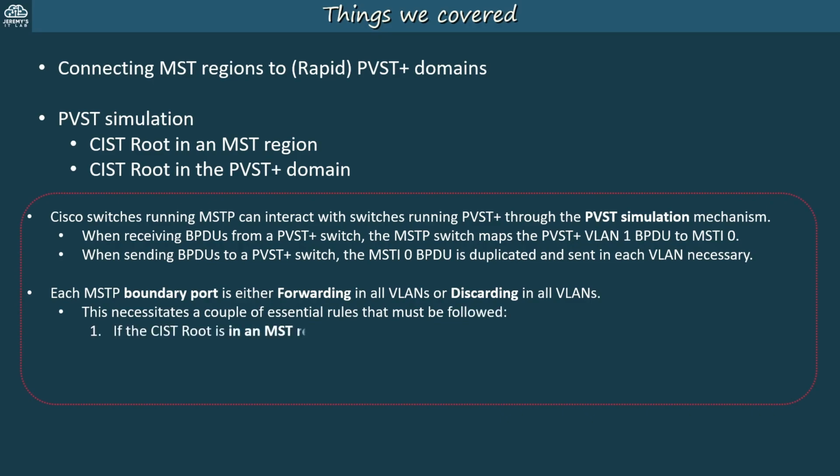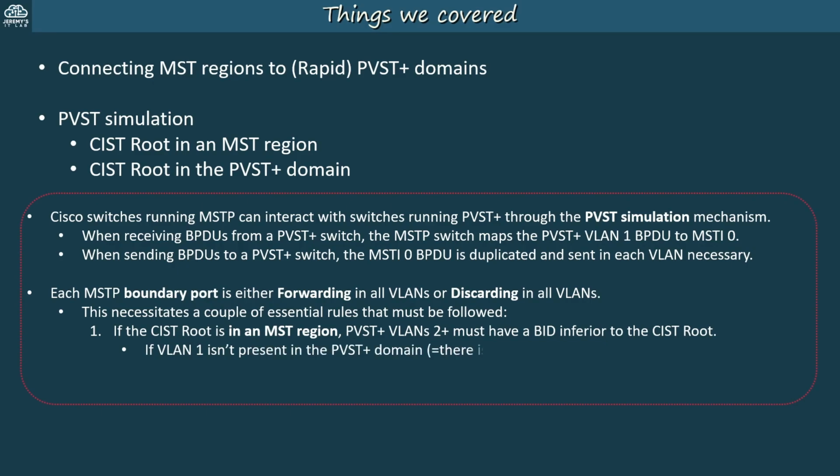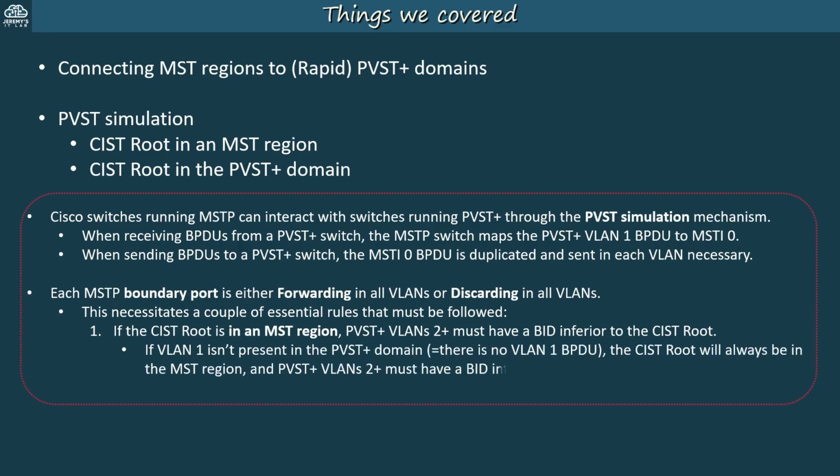First, if the CIST route is in an MST region, PVST Plus VLANs 2 and greater must have a bridge ID inferior to the CIST route. Now, I didn't mention this, but what if there is no VLAN 1 in the PVST Plus domain? If VLAN 1 isn't present in the PVST Plus domain, meaning there is no VLAN 1 BPDU, the CIST route will be in the MST region, and the same rule applies.